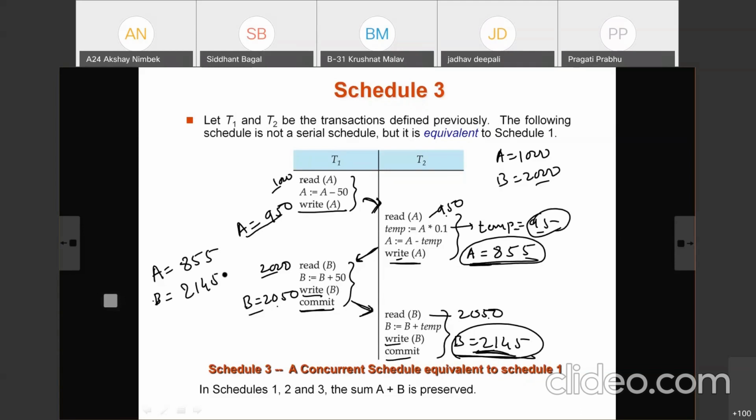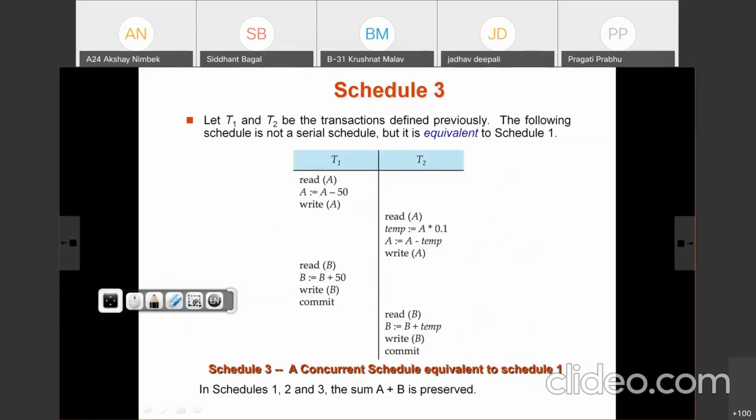So at the end, the final value of A is 855 and the final value of B is 2145. When we make the addition, it becomes 3000 and results in data consistency. So we can say this concurrent schedule results in data consistency. So it is equivalent to a serial schedule, schedule 1 and schedule 2, which result in data consistency.